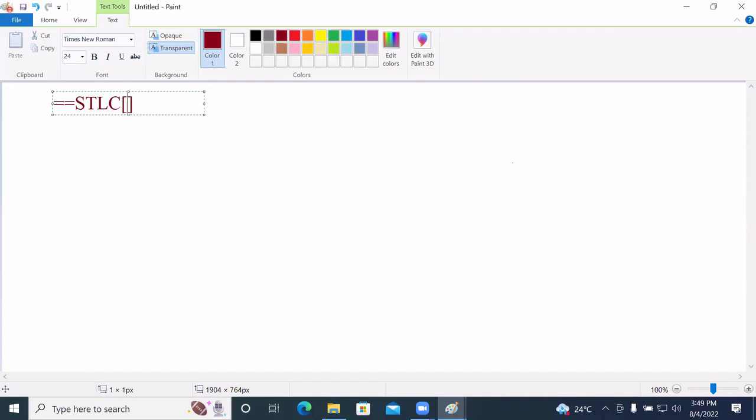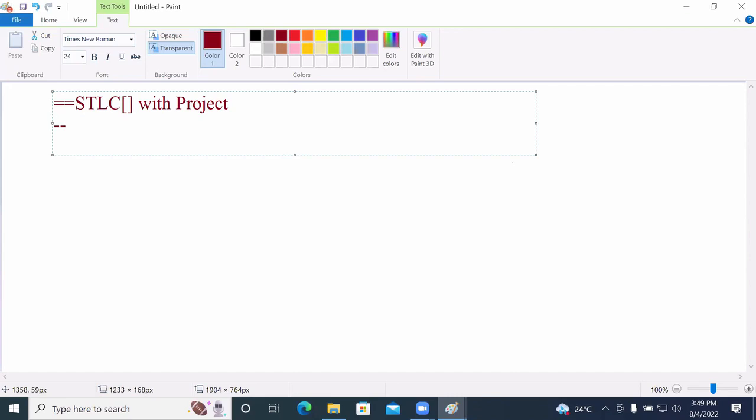Within brackets, the meaning of STLC: Software Testing Life Cycle. Mention that. After that, you can mention it with project. Having the main heading as STLC with project.